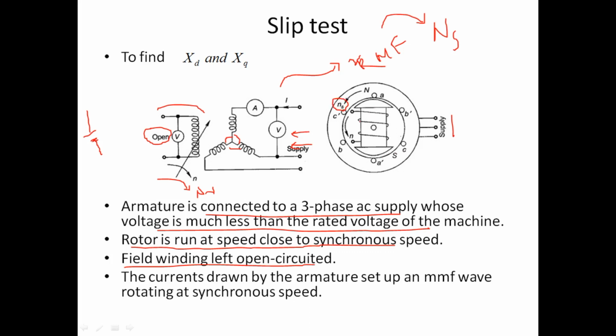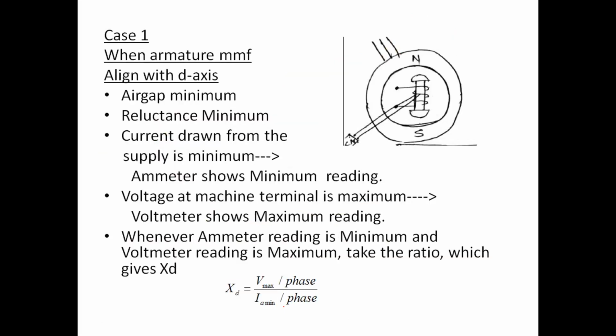The rotor terminals are left open circuited, and the rotor is rotated at a speed N, which is less than Ns. The current drawn by the armature sets up an MMF wave rotating at synchronous speed. That means the magnetic field corresponding to the armature terminals will be a rotating magnetic field at speed Ns.